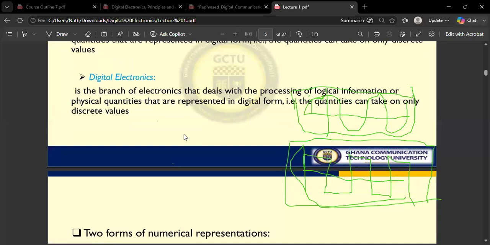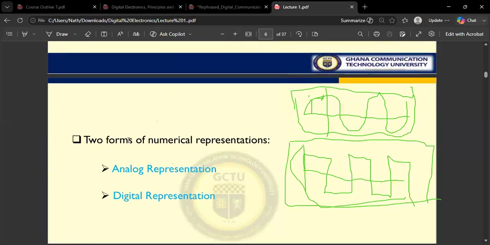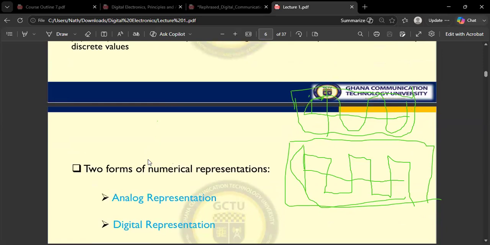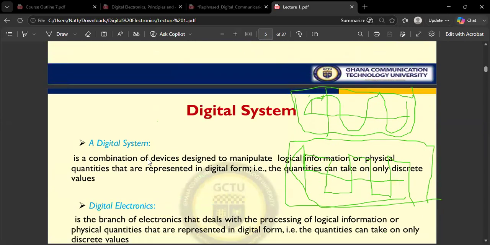So like I said, we have two forms of numerical representation: digital representation and analog representation. We will first look at the digital representation. Digital representation is just the digital system.